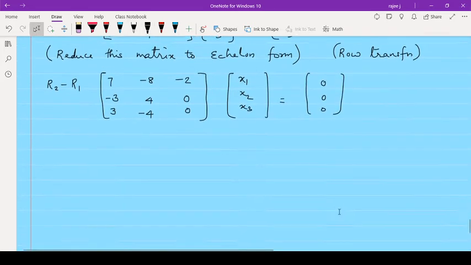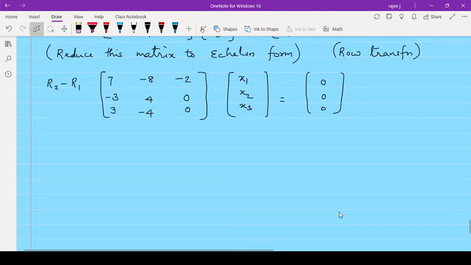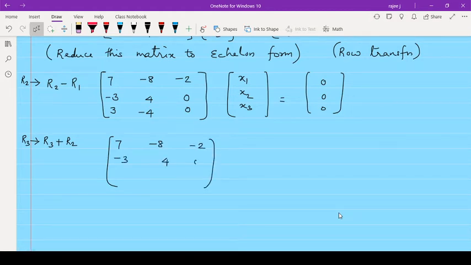Okay, now if you do R3 plus R2, here R2 is changing, R2 changes to this one, and R3 changes to R3 plus R2. So it becomes 7, minus 8, minus 2, then minus 3, 4, 0 and 0, 0, 0.